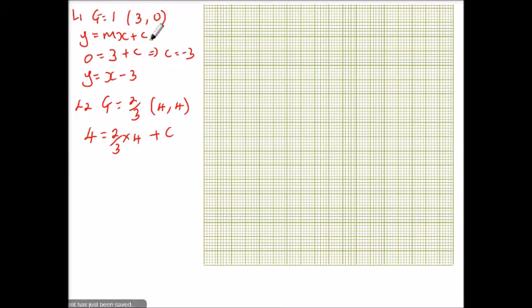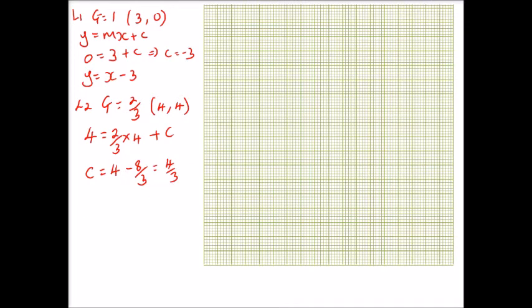So c is, if we multiply this, 8 over 3. You take it to the other side, it will be 4 minus 8 over 3, which when you subtract gives you 4 over 3.